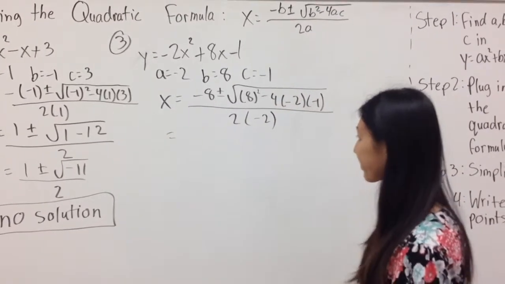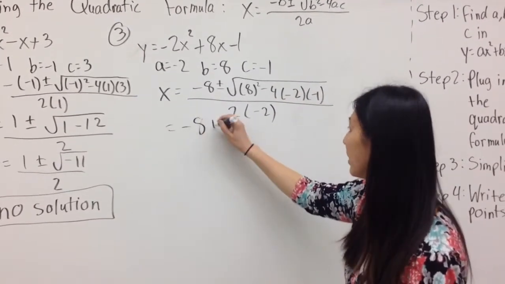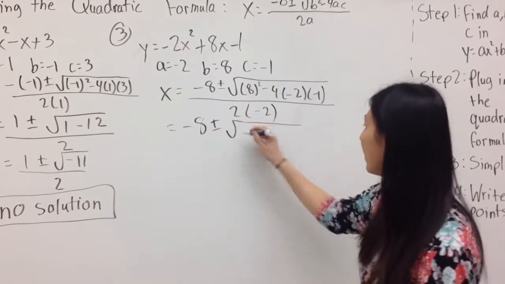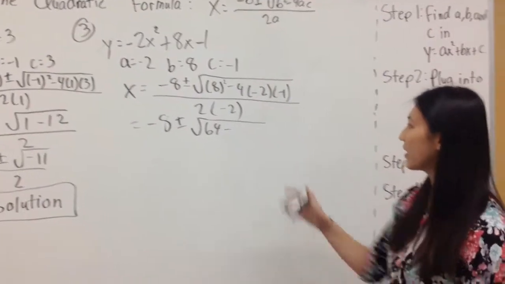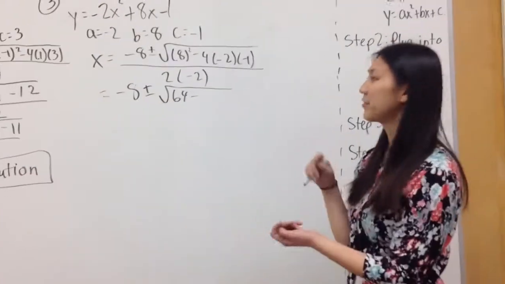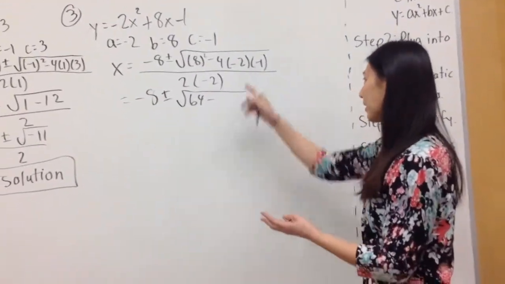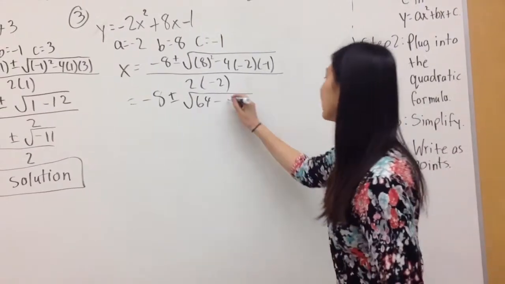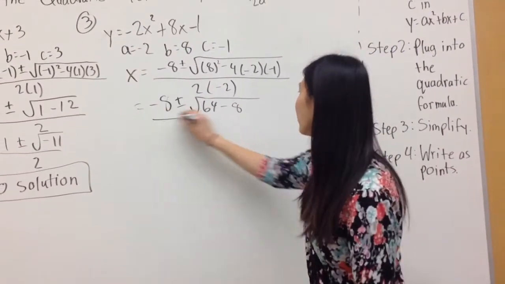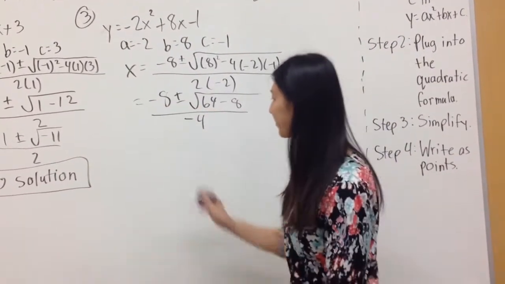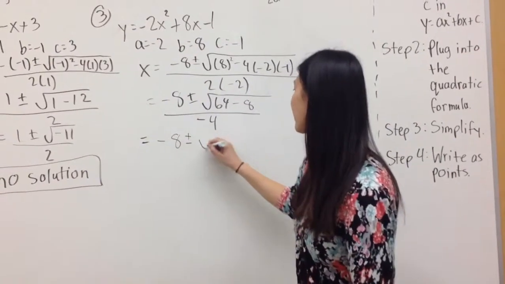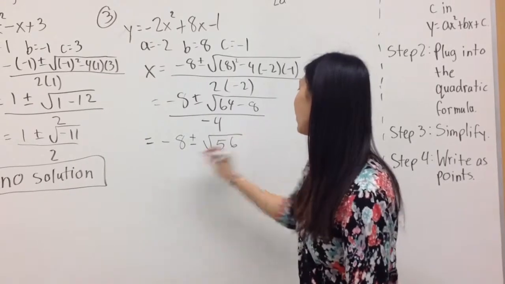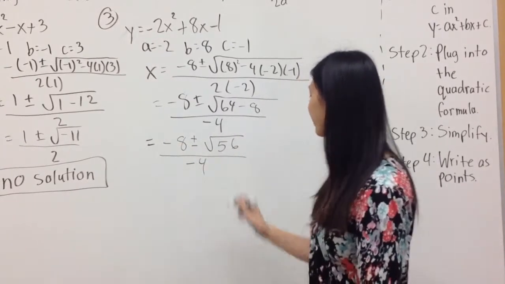All right, so we have negative 8 plus or minus the square root of 64 minus, okay, so negative 4 times negative 2 is a positive 8, times negative 1 gives me a negative 8 here, all over negative 4 here. So that's negative 8 plus or minus the square root of 56 all over negative 4.